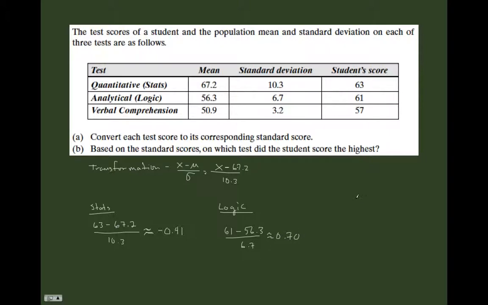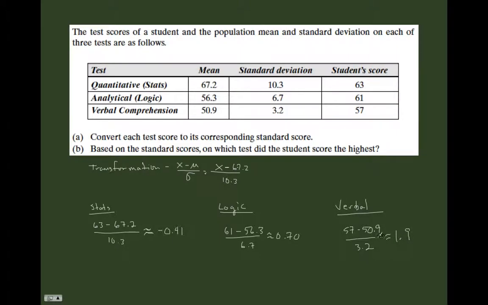And then the last calculation or transformation is for the verbal part. We'd have 57 minus 50.9 divided by 3.2, and that's about 1.9.